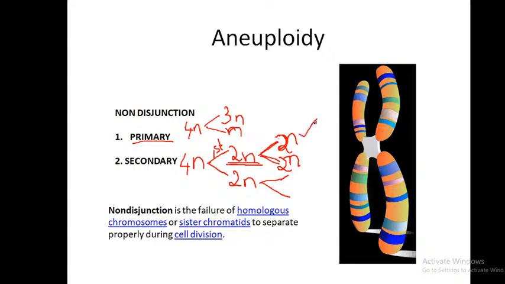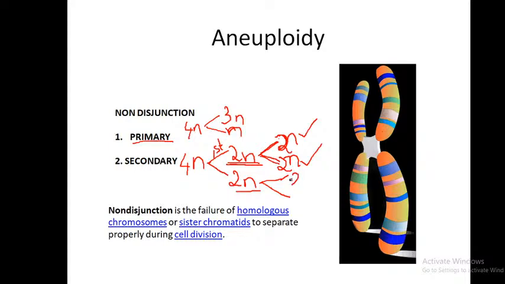So these two gametes are normal gametes. But in this case, let's have a look at this cell. If non-disjunction is happening here, what will occur?